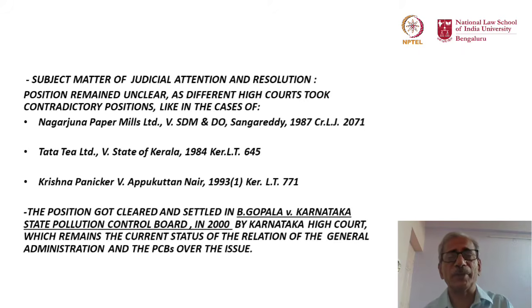Still, the matter was not resolved. Is it that the general administration should stop after the Pollution Control Board comes into the picture, or can it continue? The third instance, the court of law said, no, you can continue and you can give some kind of a relief, whatever that you feel like. Your relief is independent of the relief that the Pollution Control Board gives. And so both of you can exercise jurisdiction.